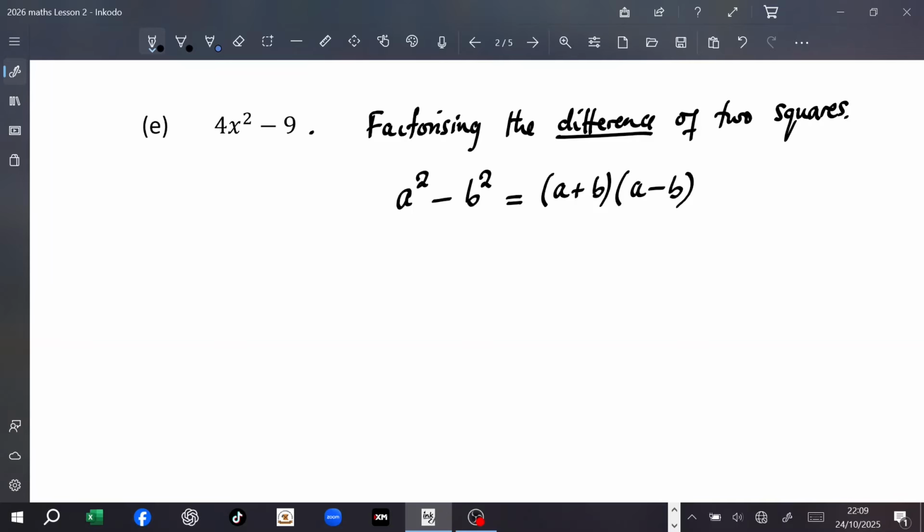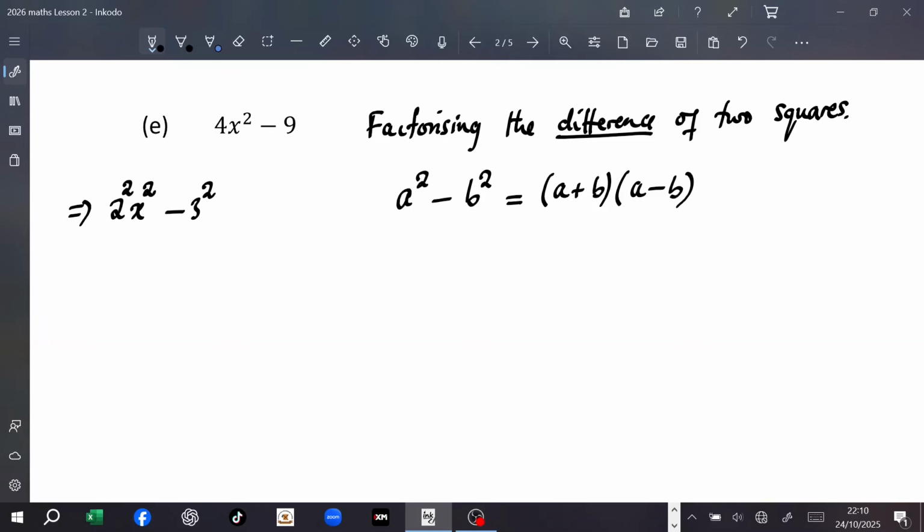So even this question here, it is a difference of 2 squares which has been hidden. So let me show you how we can uncover the hidden part. So the hidden part is that this 4 can be written as 2 to power 2. Then we have x power 2, then minus this 9 can be written as 3 to power 2.